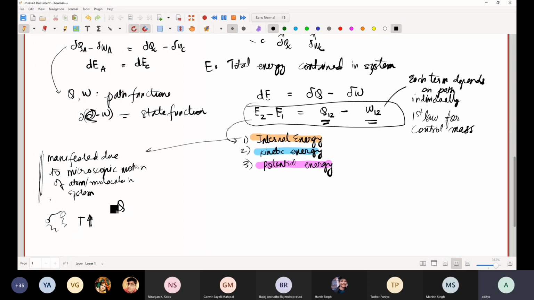So if you add heat to a system, then you are essentially causing the internal energy to go up. And a consequence of the internal energy going up is that the number of collisions between the particles and the RMS velocity of each molecule or atom has also increased, and the temperature also increases. Okay.